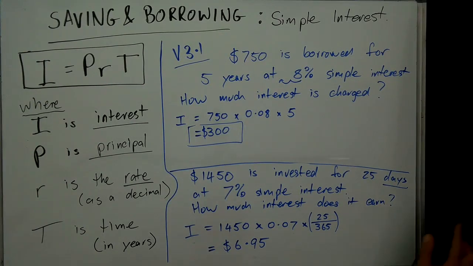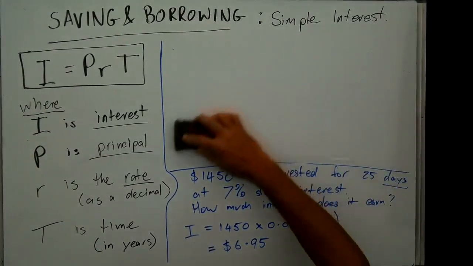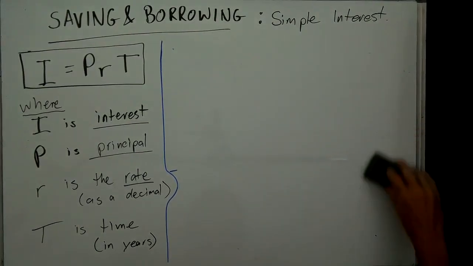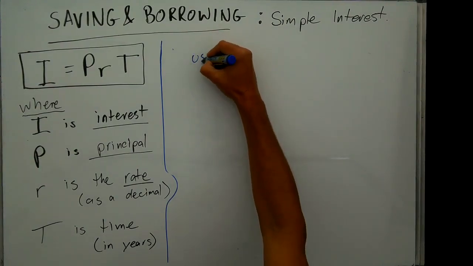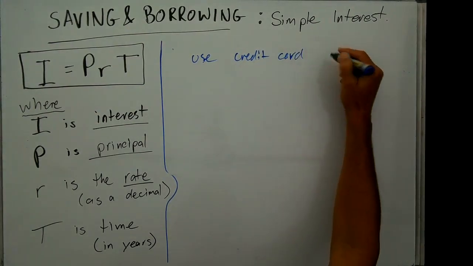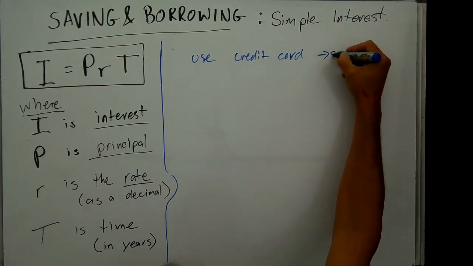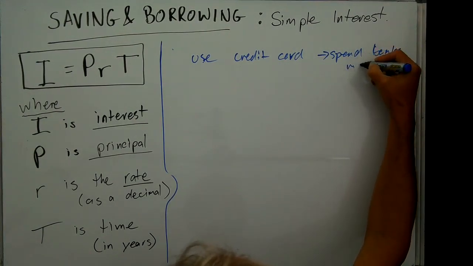Okay, so something worth talking about is how credit card interest is calculated. So essentially what happens there is you spend the bank's money. So you go and use your credit card, and you spend the bank's money.